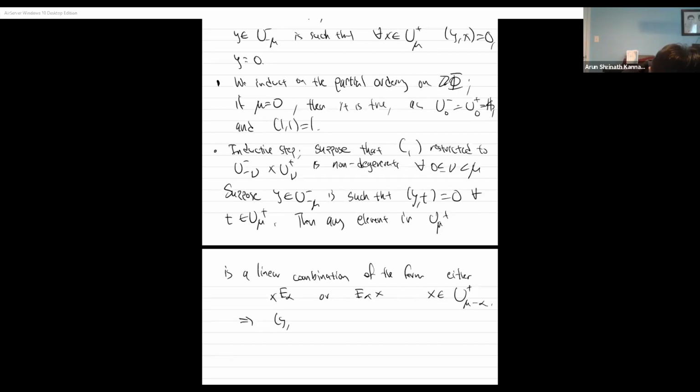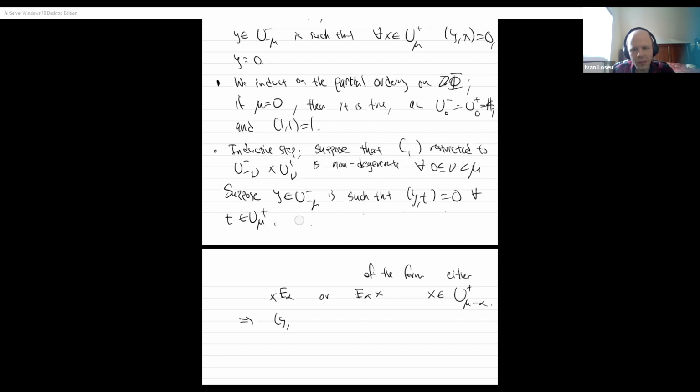So we already know that the pairing is 0 with this element.